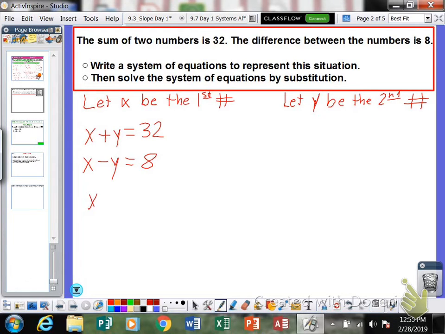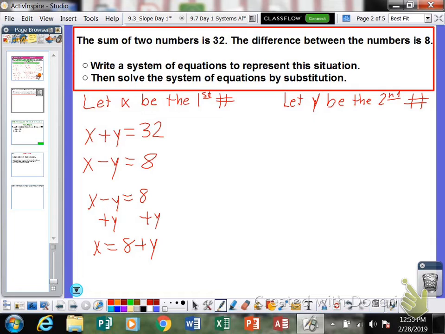So I have x minus y equals 8. So if I want to solve for x, I want x by itself. I'm going to add y to both sides. So I get x equals 8 plus y. Okay, so now I know what x equals. So now I can substitute that into my first equation.